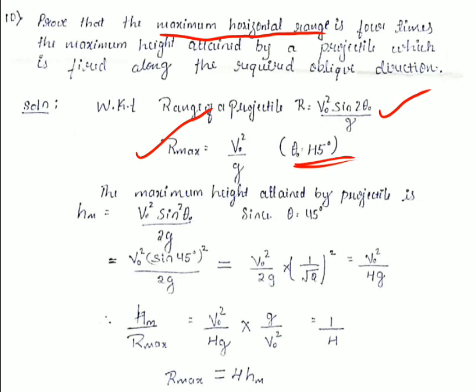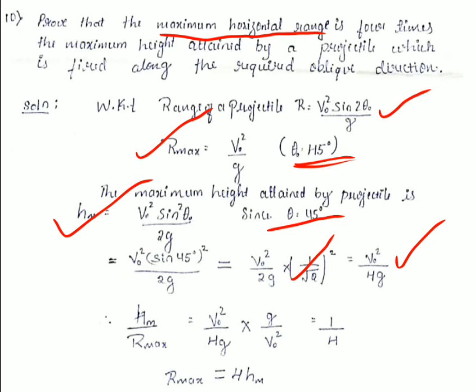Then write the formula of maximum height. What's that? Maximum height is equal to V naught square sine square theta upon 2g. Substitute the value here, theta equal to 45 degree. The value is 1 by square root of 2. So if you substitute, you will get V naught square upon 4g.